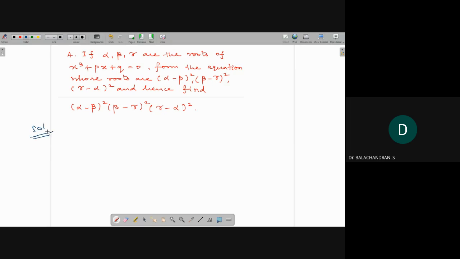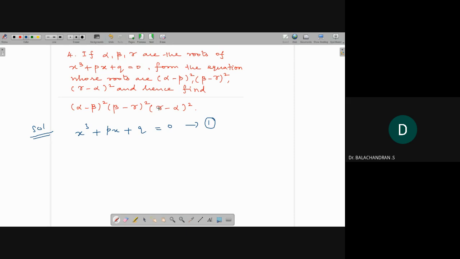Solution. So what is the given equation? x cube plus px plus q equal to 0. This is the given equation, whose roots we know are alpha, beta, gamma. I need to find the product of these values.